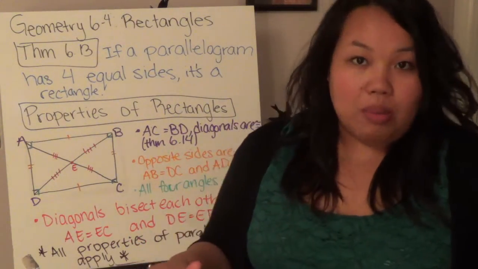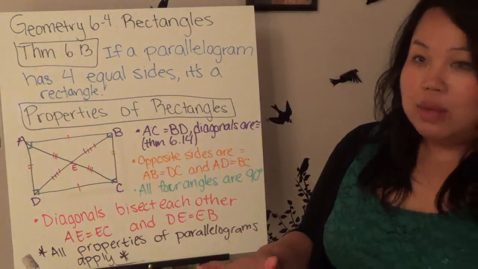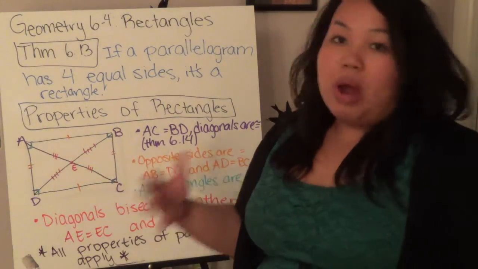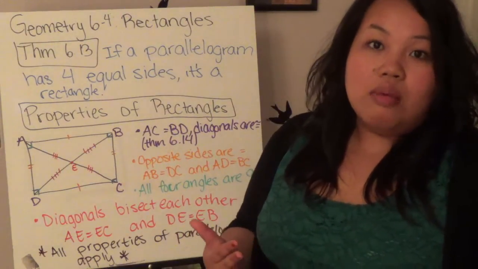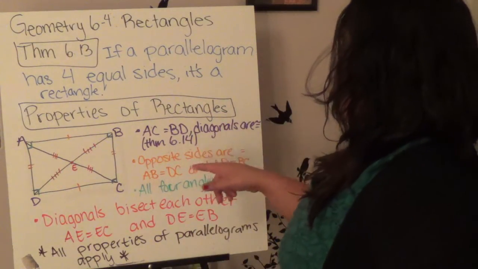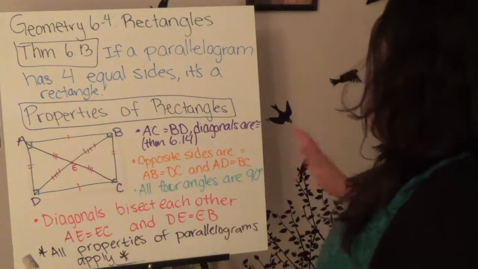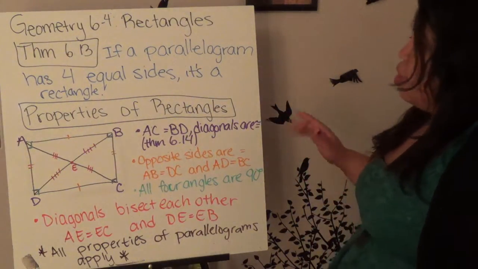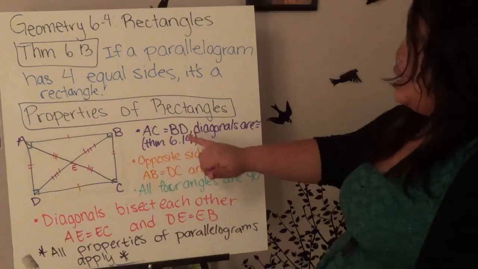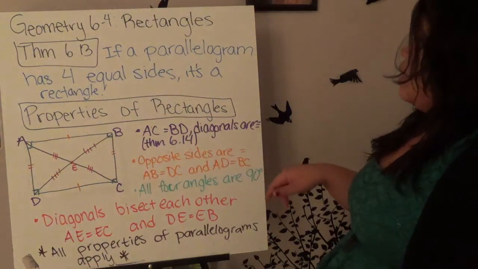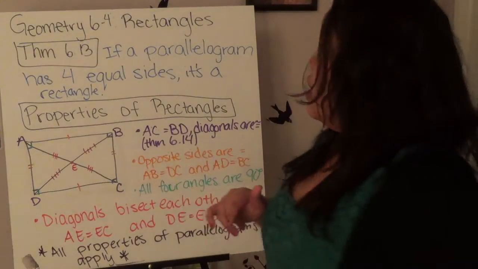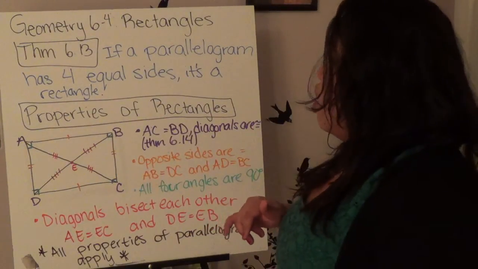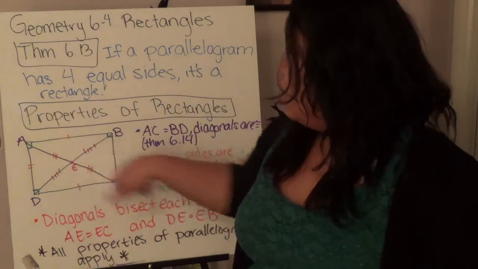So it has all the same properties of a parallelogram, except new properties now arise because the 90 degrees makes these angles related. So the properties: AC equals BD, which means the diagonals are equal. One of your problems from section 6.2 says that the diagonals bisect each other.